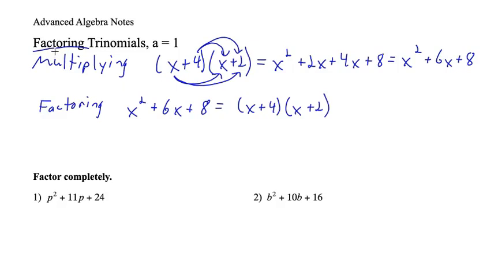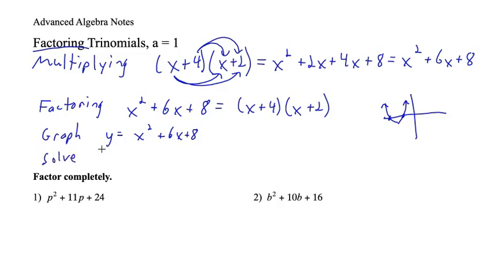Now, why do we want to factor? Well, a couple of things. Factoring will help us graph quadratic equations. So if we are graphing the equation y equals x squared plus 6x plus 8, these factors actually give us clues as to what the graph looks like. In particular, it helps us find the x-intercepts, which give us a rough idea of what the parabola will look like for that particular quadratic equation.